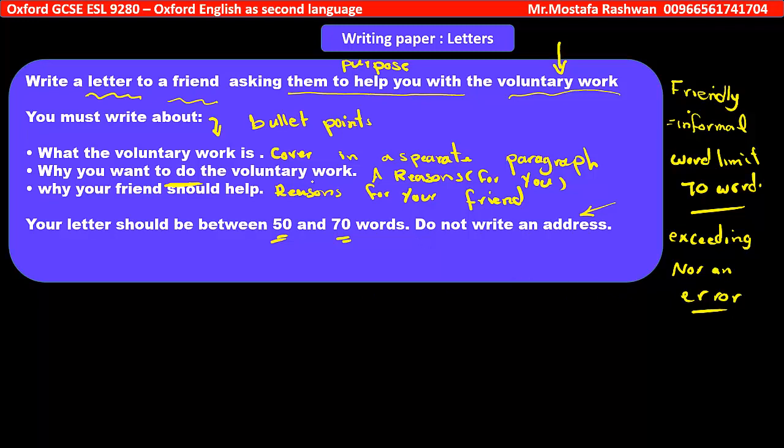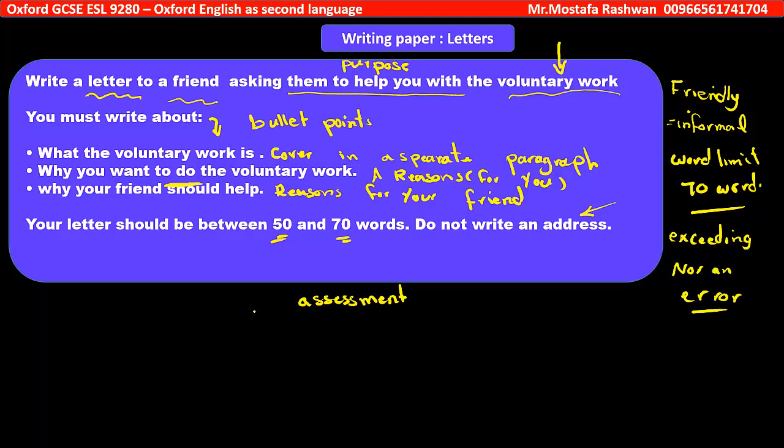Let's see, based on what I should answer, or what are the success criteria or assessment criteria, based on what my letter is assessed, or to know what mistakes or what errors you should avoid.